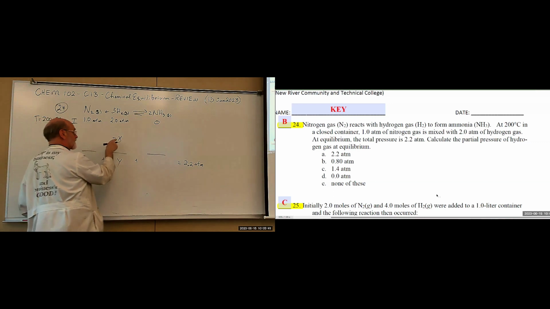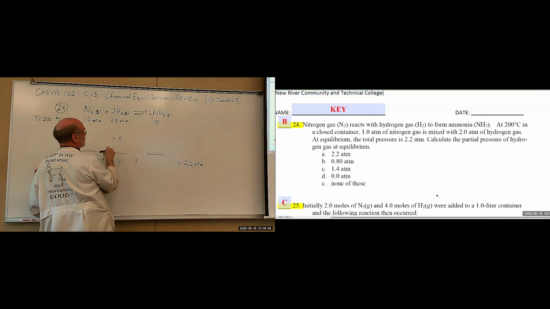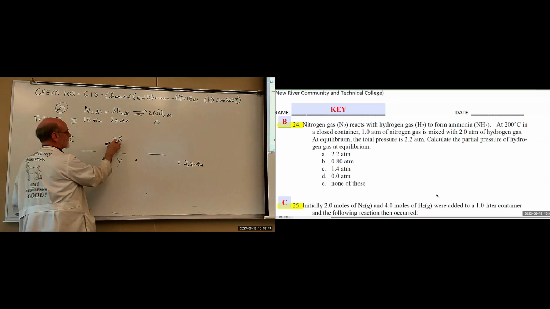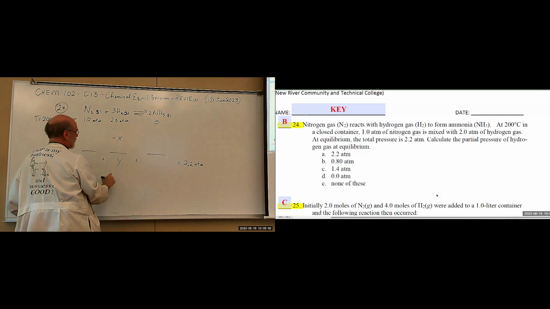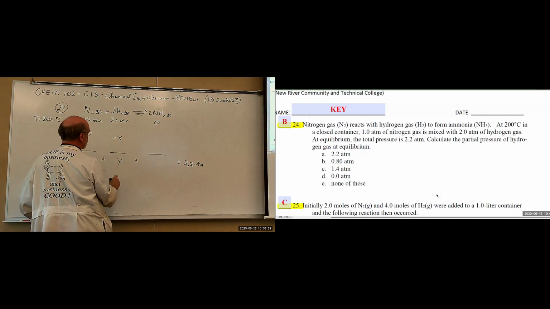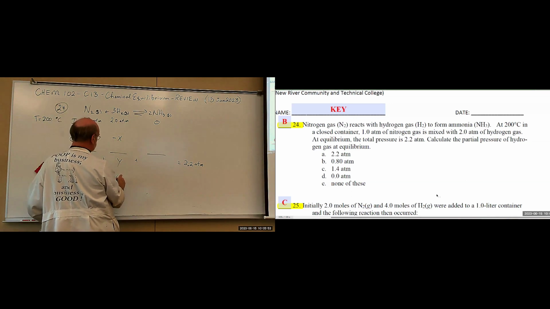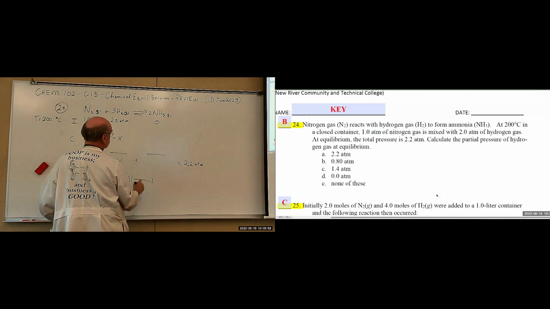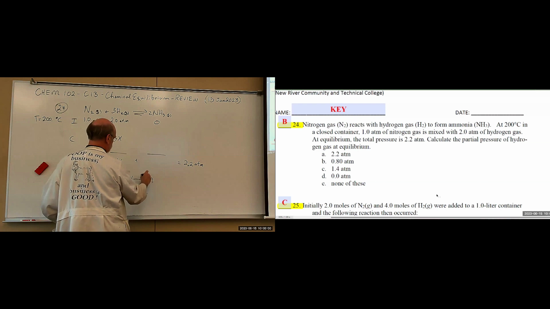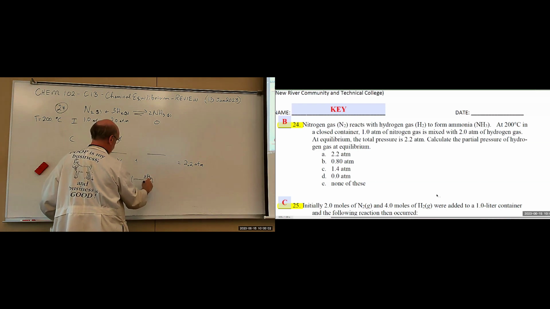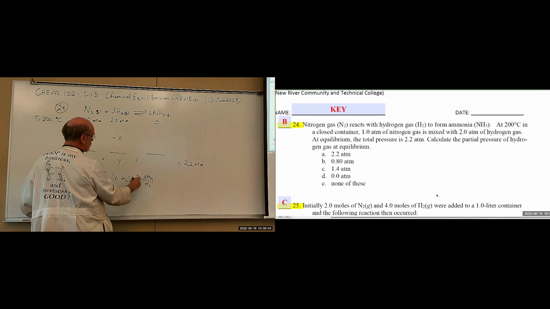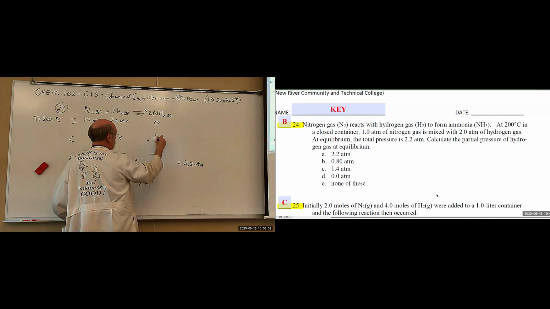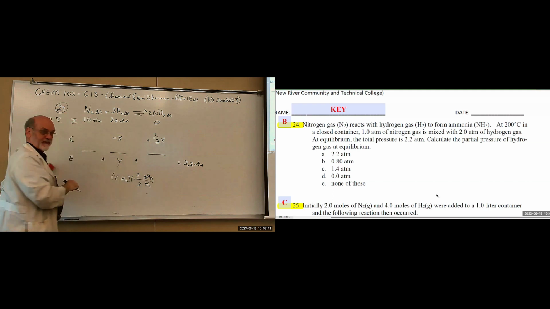All right, so how much of that is going to show up over here? Well, the ratio is 3 to 2. So for every 3 of those, you get 2 of those. Let's look at it this way. How would we change X hydrogen to so many moles of ammonia? It would be 2 here and 3 here. So 2/3 of that is going to show up over here. Correct?